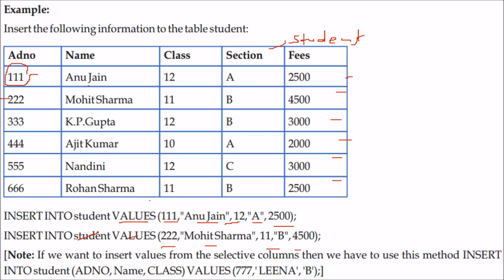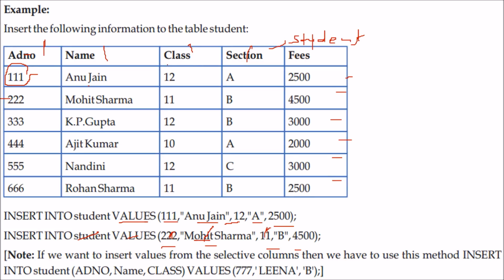If you want to insert values for selective columns, because this particular command will feed the values in the columns in this order. So this will go to AD number, this will go to name, this will go to class.